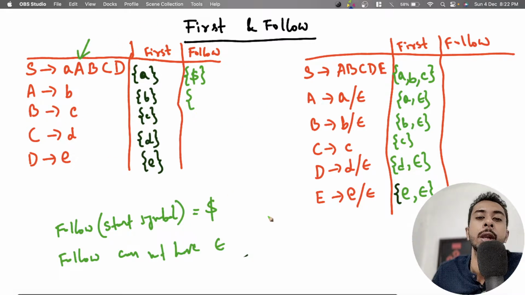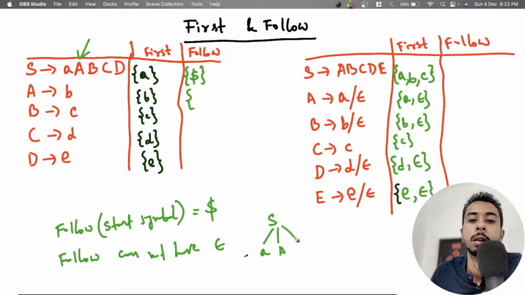Because when I'm deriving a string, for example, let's say S derives A, B, C, D, right? Now here A is producing B, and I want to know what symbol can follow this A. This A can be followed by whatever B will produce, right?